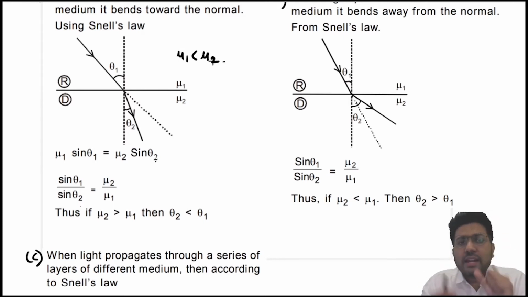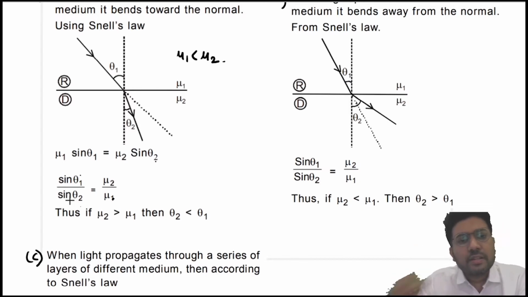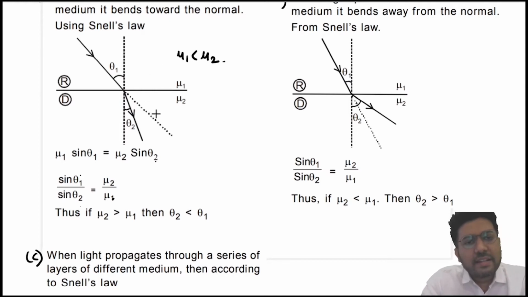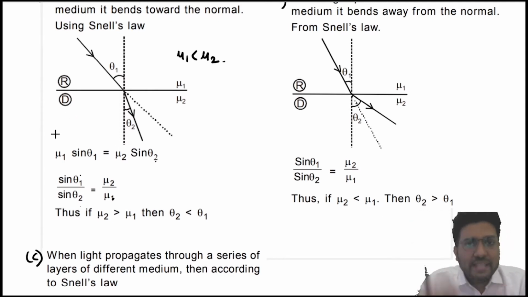Whenever light is traveling from a rarer medium to a denser medium, mu1 is less than mu2. If mu2 is greater than mu1, that means theta 1 is greater than theta 2. If theta 1 is greater than theta 2, the ray has bent towards the normal because the angle has decreased. So you have to remember, when light travels from a rarer medium to a denser medium, the ray bends towards the normal.